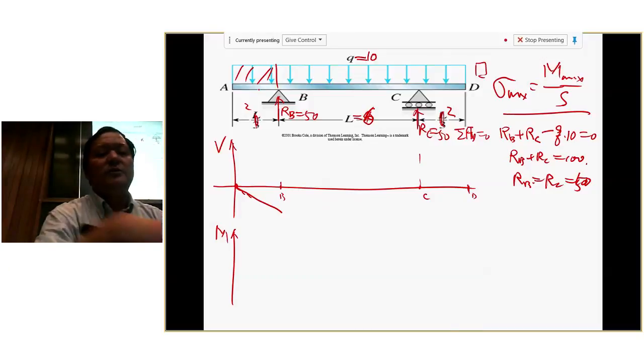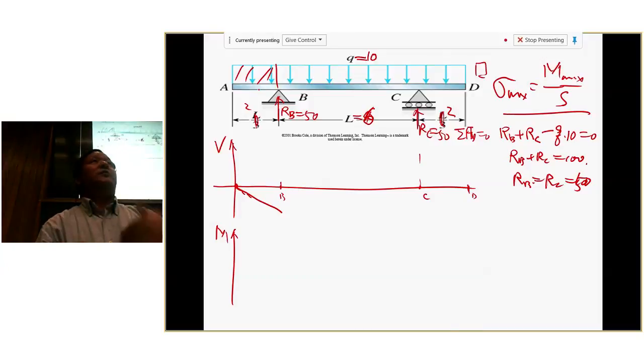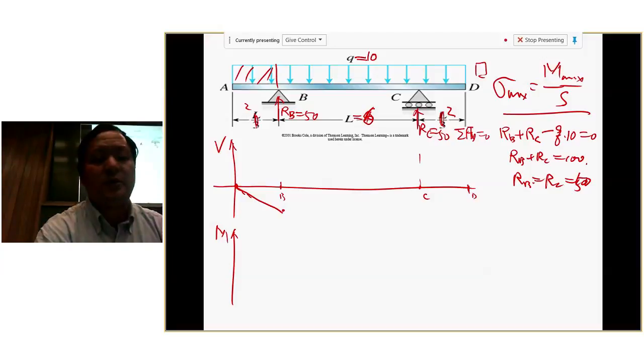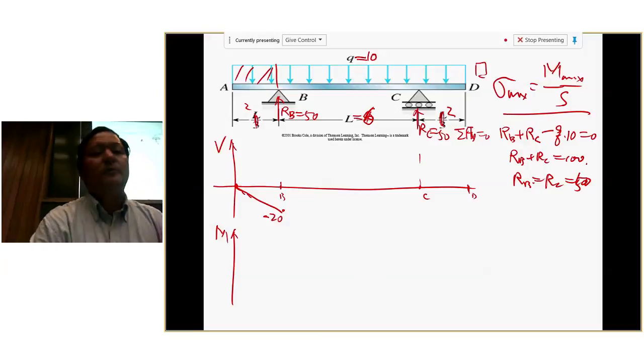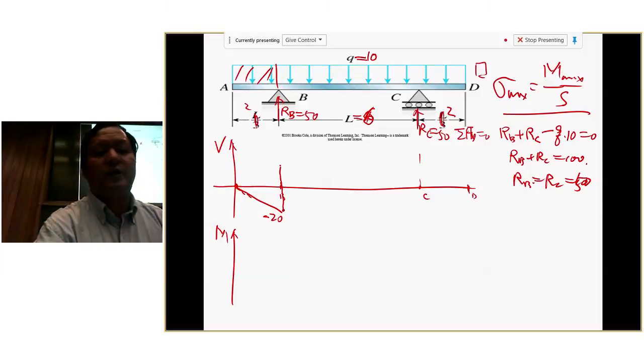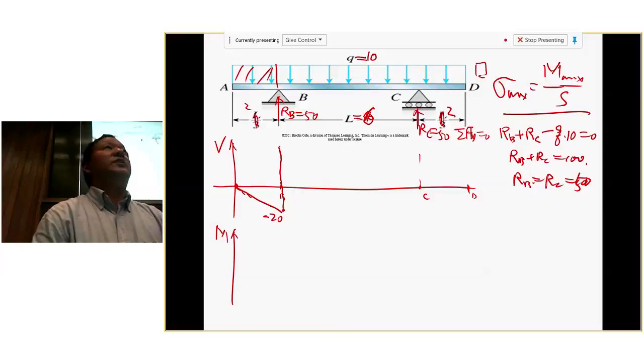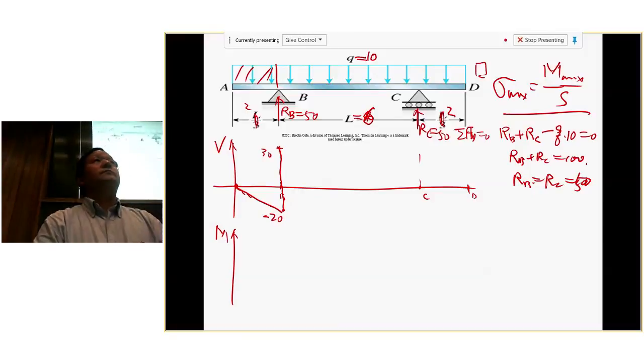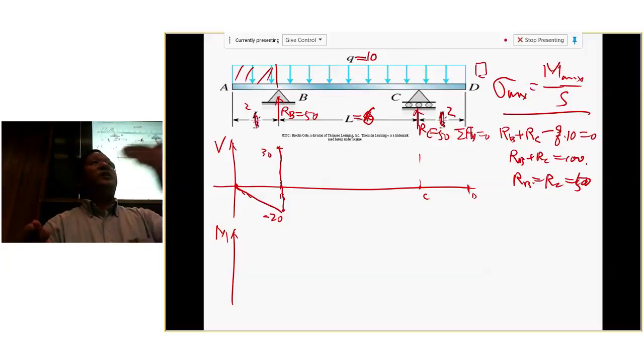So it'll be how much you go down totally from point A to point B. So it'll be 10 times 2, so that's 20. So here I have negative 20. Okay, once here, I see a concentrated force. So the force will go up, follow the arrow, right? Go up by 50. So I end up at 30. Okay, past this point, I see a distributed load again.